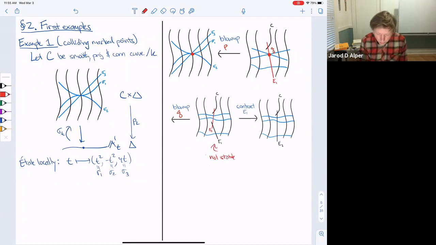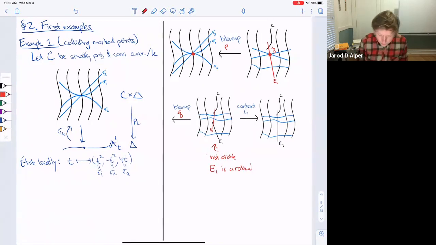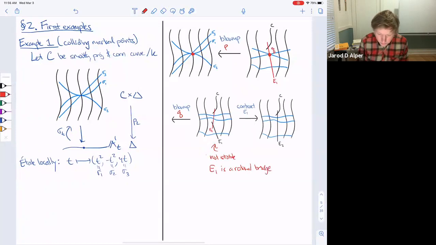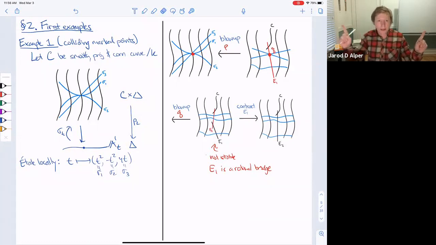What I've drawn here, E1, is what I called last time a rational tail, right? It's a P1, no, sorry, not a rational tail. It's a rational bridge, right? Because this P1 here, this E1, meets the rest of the curve at one point, but you also have one section. So there's two special points.